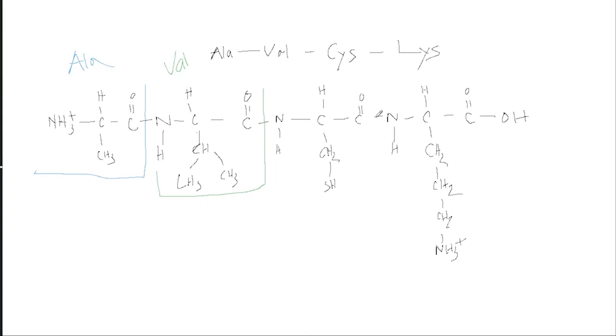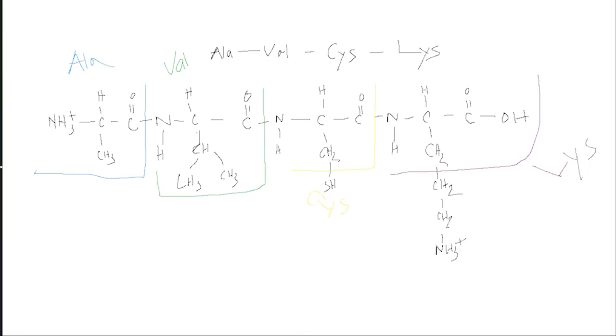Now to another carbonyl and the NH of another amino acid, this part is cysteine. And the last part that includes the whole carboxylic group, this part is the lysine.